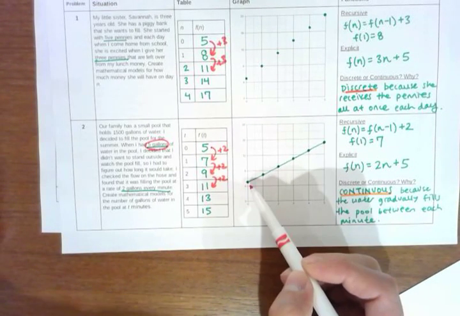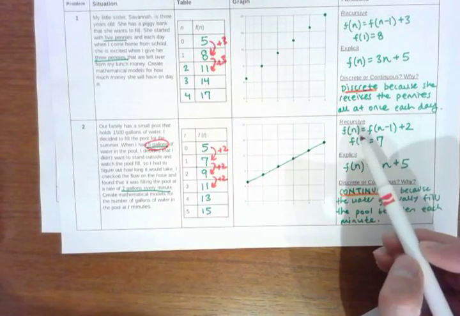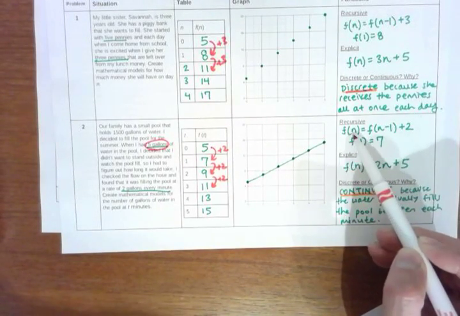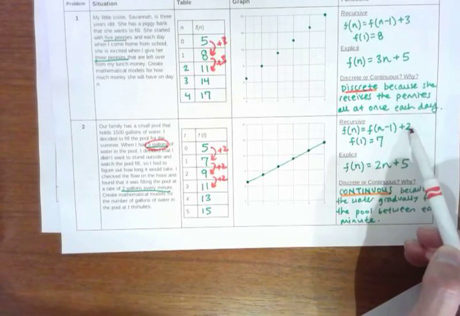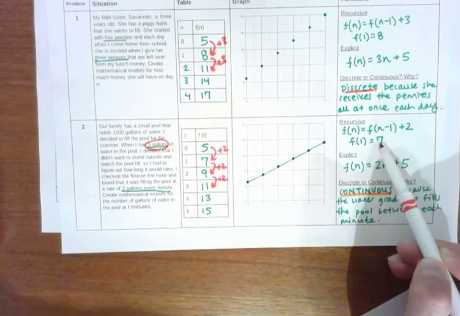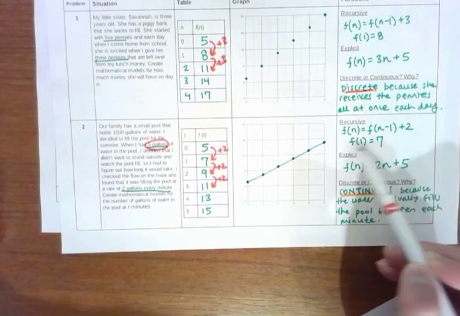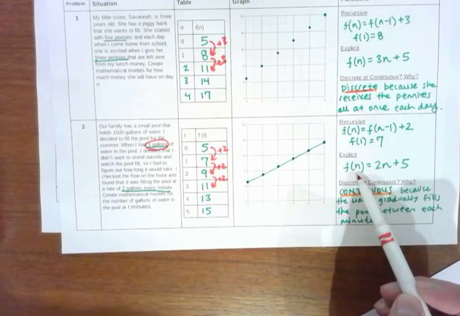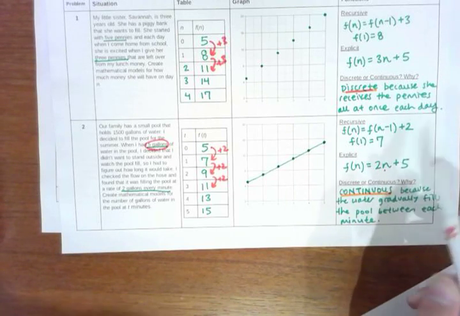So your graph is going to look like this, starting at 5 and then going up 2 every time. Our recursive function: each term is equal to the previous term plus 2, and we started at 7 after the first minute. Explicit function, it's going up by 2 every minute plus 5.